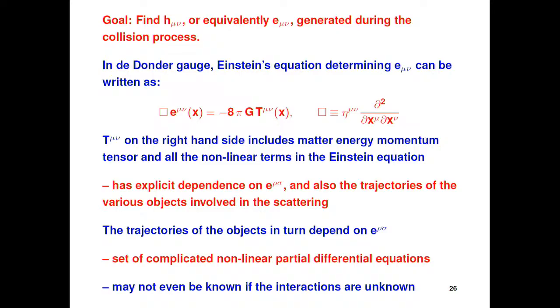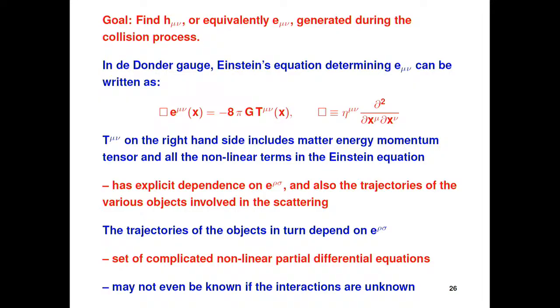So T mu nu on the right hand side includes the usual energy momentum tensor, the source of gravity, which is the particles that are moving in, but because gravity is nonlinear it acts as its own source. Those are captured in the nonlinear terms in the Einstein's equation. All of those you have hidden inside T mu nu.